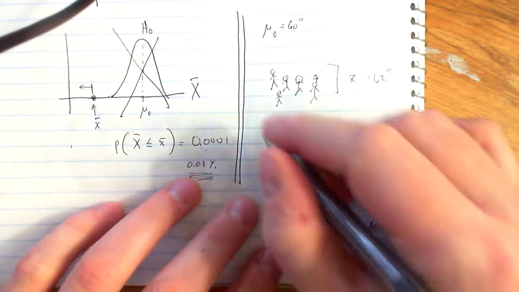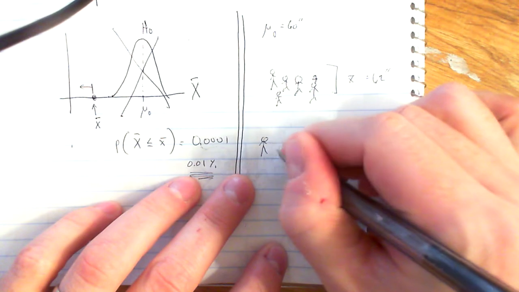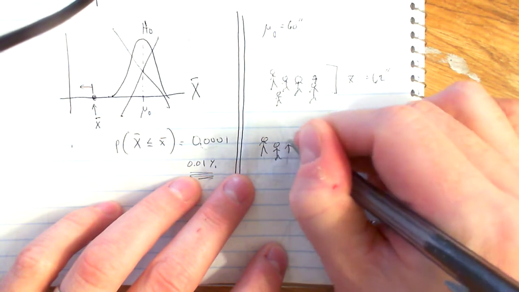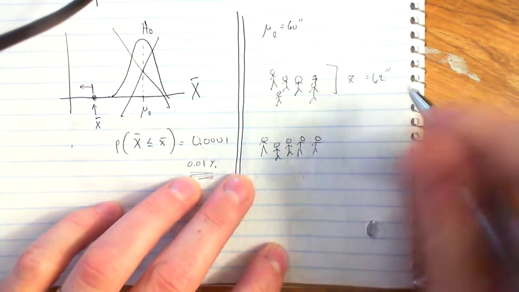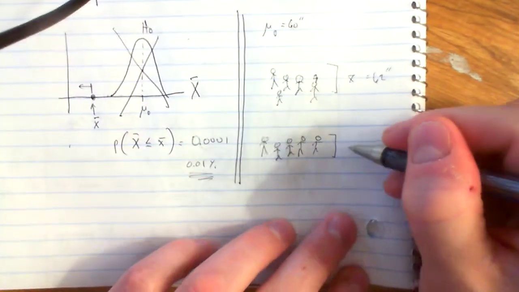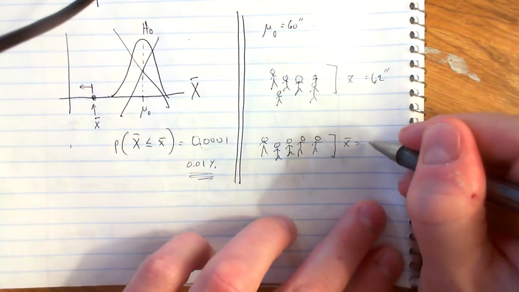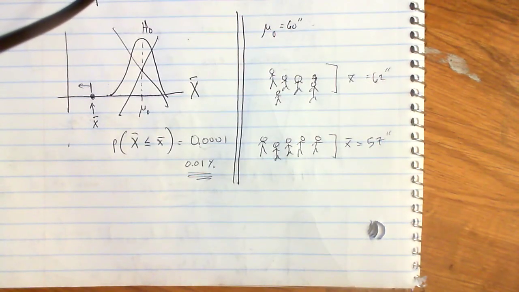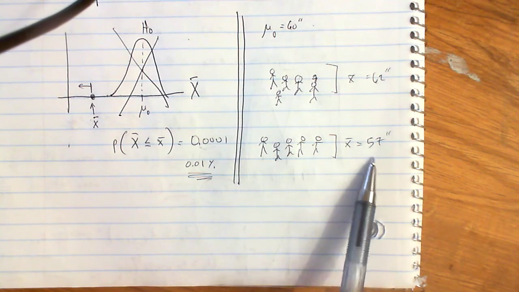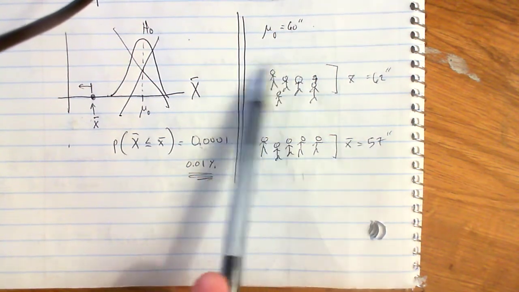We walk to the playground and we look at the adults there with their kids. And we randomly sample 5 people. The sample of 5 people from the playground, and X bar is 57 inches. And we look at this value and we're not surprised. We don't say, oh, this must be wrong.